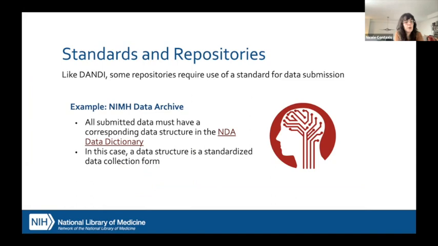So here's another example of one of those types of repositories. The National Institute of Mental Health has a data archive. And all data that is submitted to there must have a corresponding data structure in the NDA data dictionary. So in this case, you could understand a data structure as a standardized data collection form.